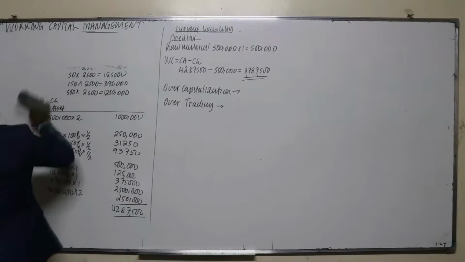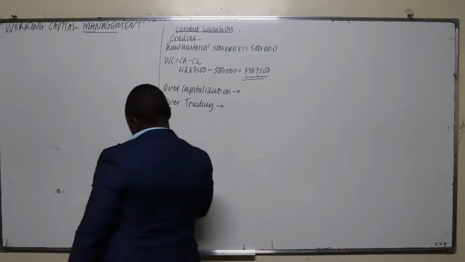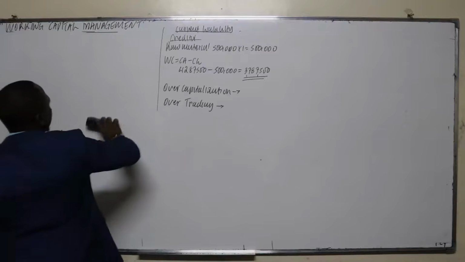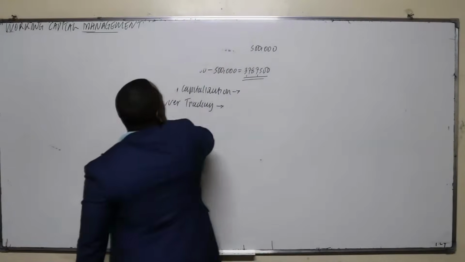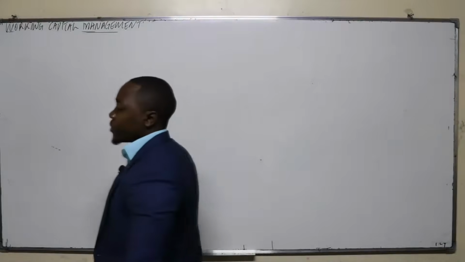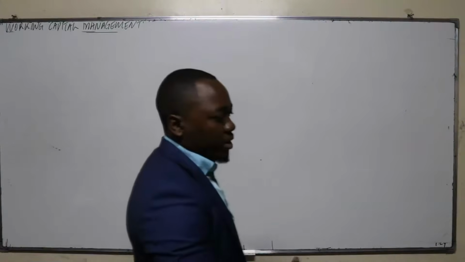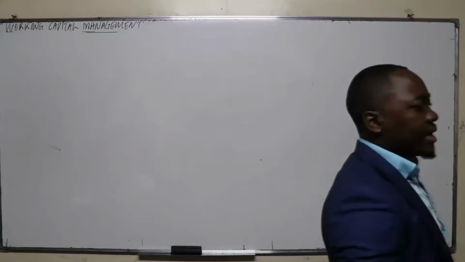Good. Now that's the difference between overcapitalization and overtrading. Overcapitalization is all about having excess working capital than what you need. Assuming you have a new shop, whenever you get the cash, you put more stock, but the stock and the sales are not directly correlated.